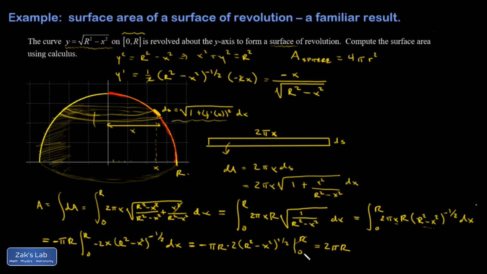And then when I plug a 0 into this term, I end up with r squared to the 1/2, which is just r. And so I end up with 2 pi r squared, which is half the surface area of a sphere, exactly what I expected to get out of this problem.